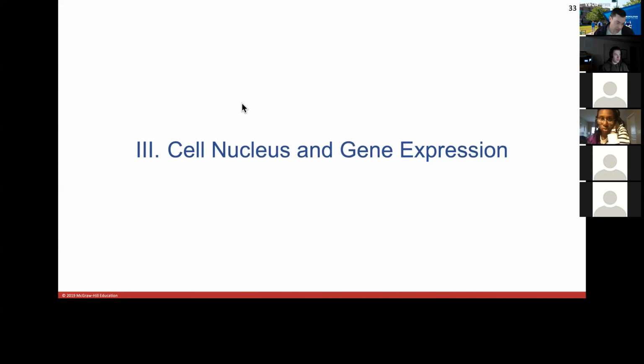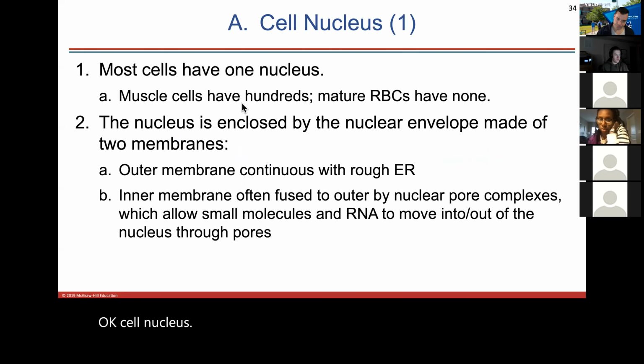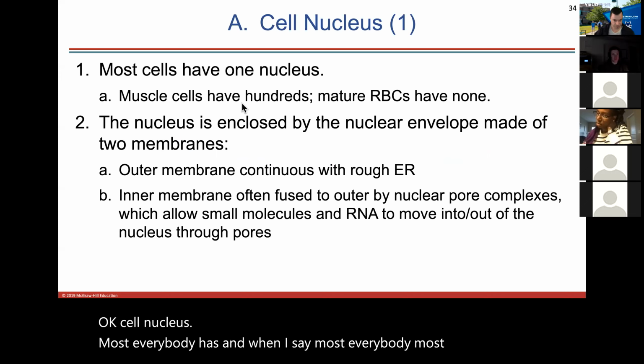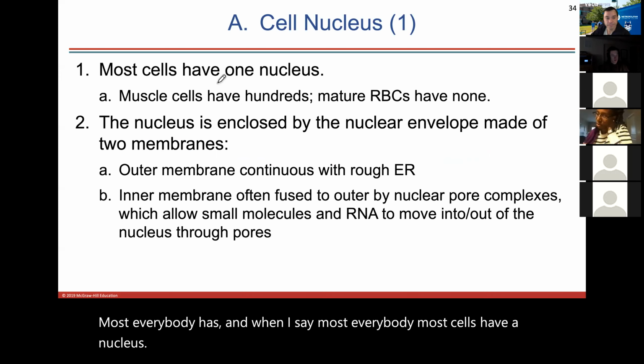Okay, cell nucleus. Most cells have a nucleus, and most cells just have one nucleus.